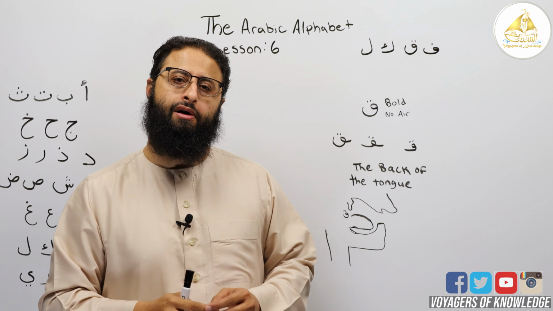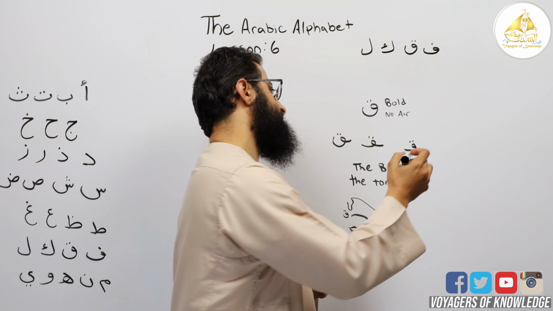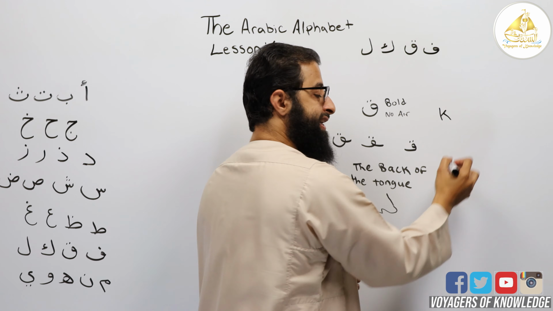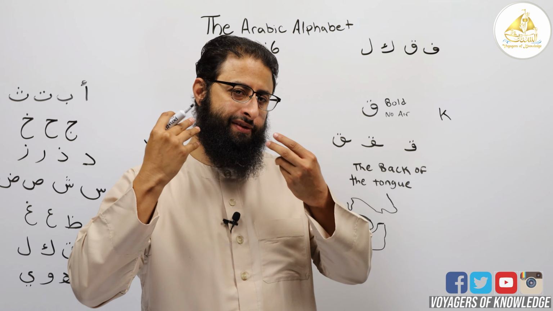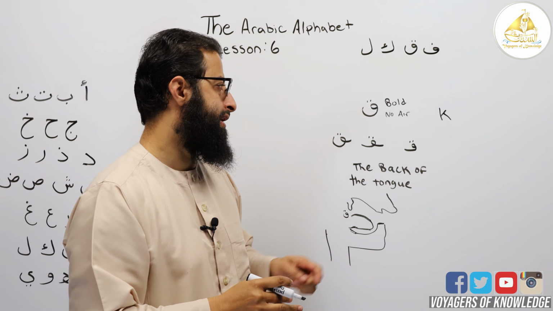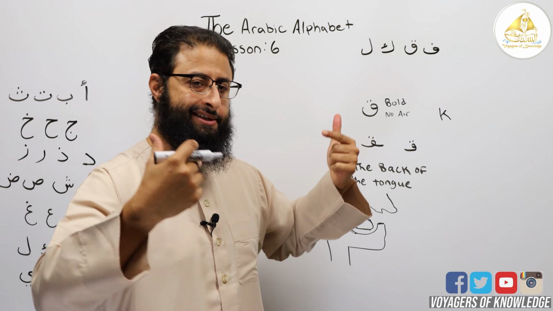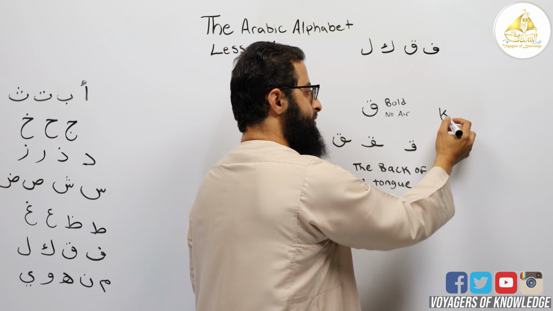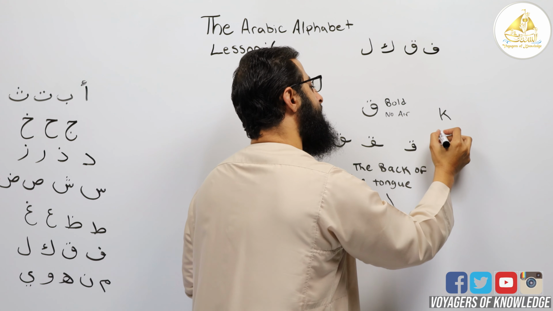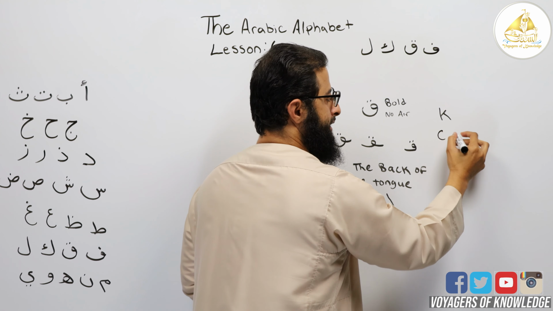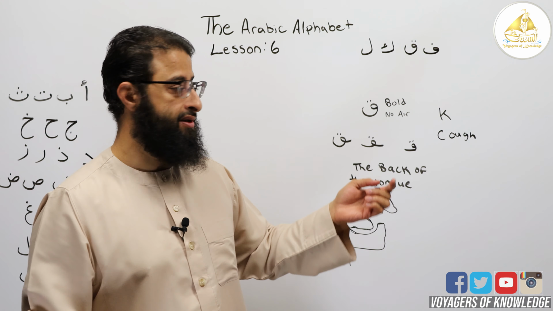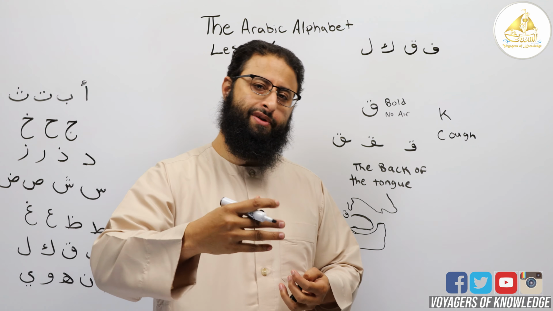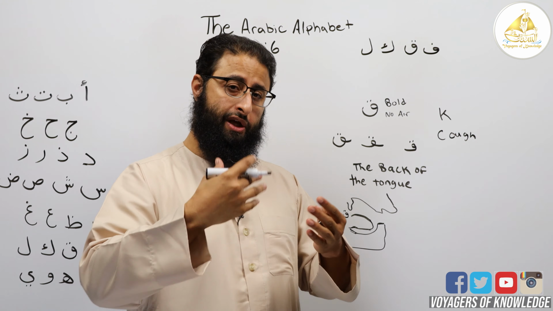Common mistakes with the letter Qaf is that it's sometimes pronounced mistakenly as an English K, like in kite, but you can hear that that has air with it. And it's also light. So don't pronounce it as a K. Sometimes it's pronounced like the C in the word Qaf, because you haven't yet learned the location of it.